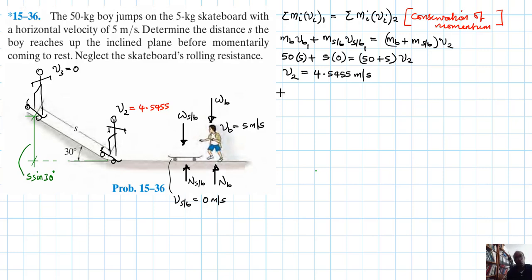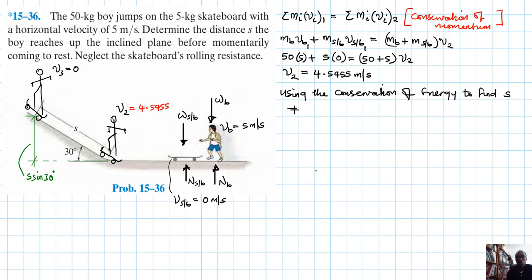So let's say we use the conservation of energy to find s.